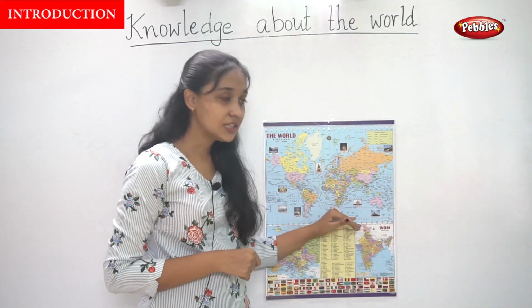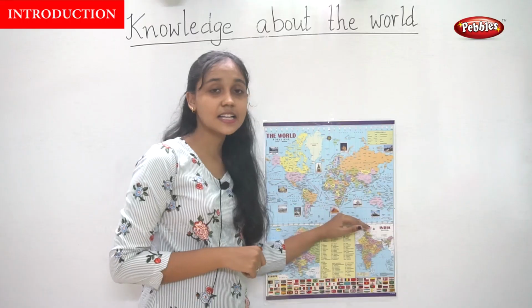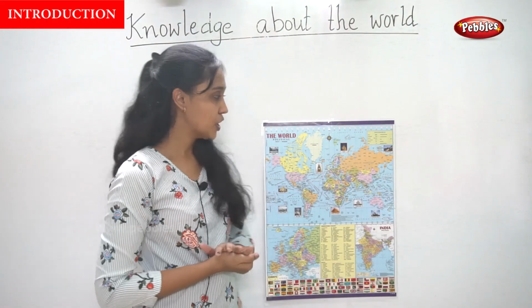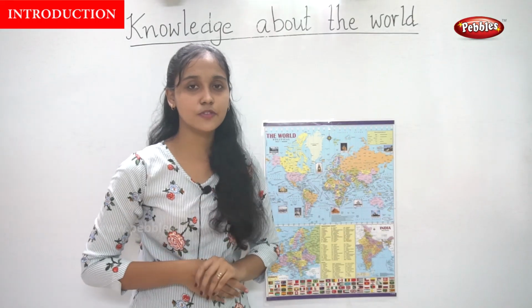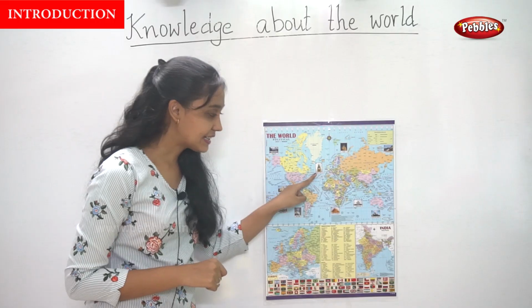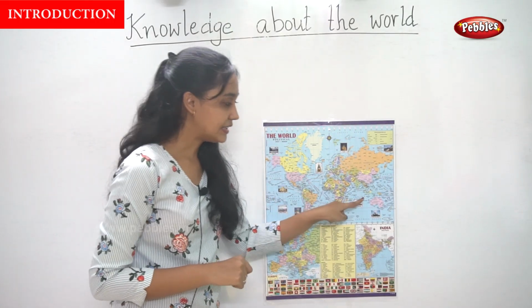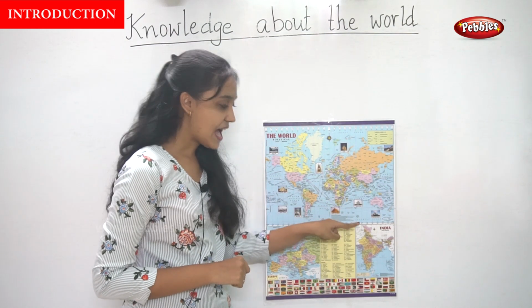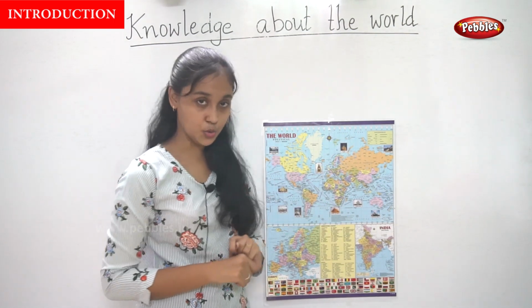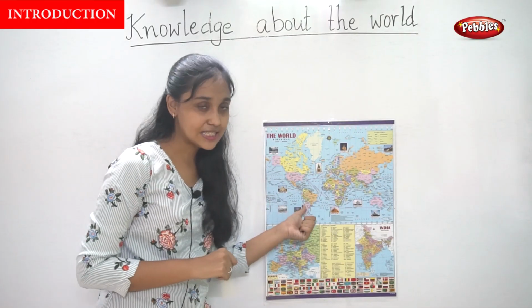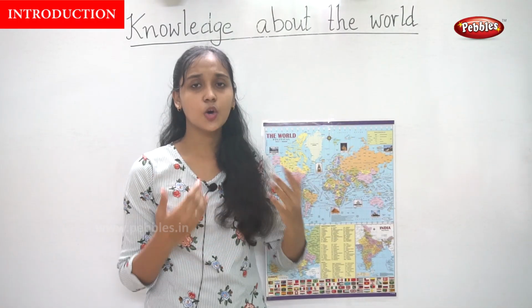And to the south, it is the Southern Ocean, also called the Antarctic Ocean. So once again, the names of the oceans: the Pacific Ocean, the Atlantic Ocean, the Indian Ocean, the Arctic Ocean and the Southern Ocean.